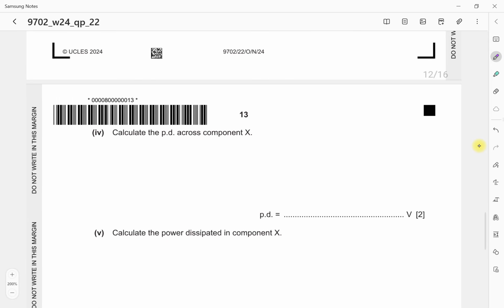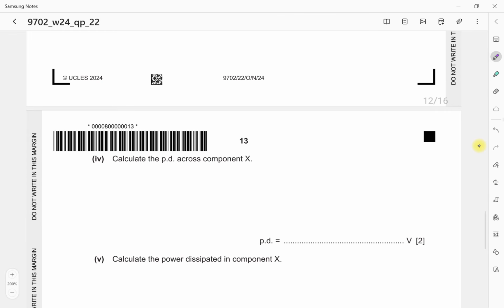We can still find the resistance X and use that, but I will start with the simplest method, where I will find the PD across 2.4 ohms and X. We have already seen that this is 224 volts.